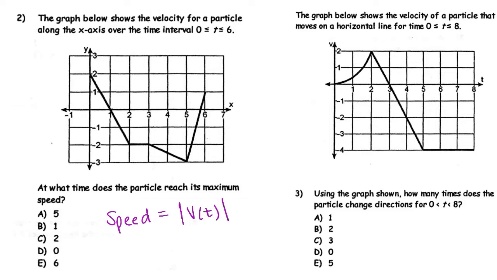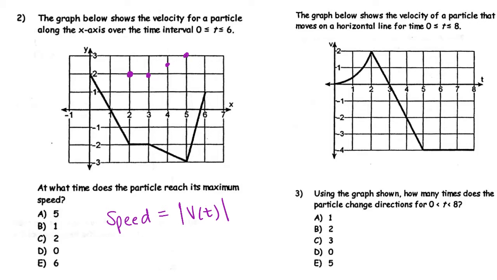And so to take a velocity graph and make it into a speed graph, we're going to flip all these points over. So at 2, -2 is actually going to become +2. 3 is going to become +2. 4 is somewhere between -2 and -3, so somewhere up here between the +2 and 3. 5 is going to flip over and become +3.